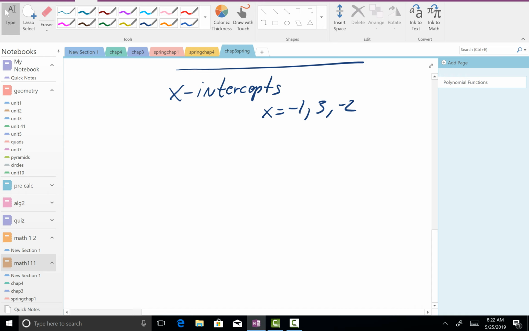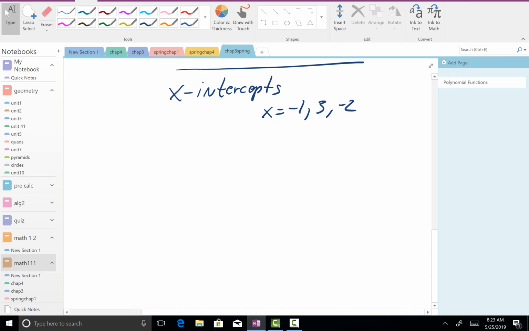As this thing is growing up this way, and at the very, very end over here, we say that it is increasing, because as x approaches negative infinity, we say that this graph is increasing. Same thing on this side: as x approaches positive infinity, we say that it's increasing. So increasing, increasing. That's called end behavior.